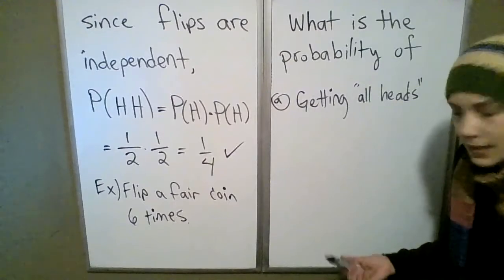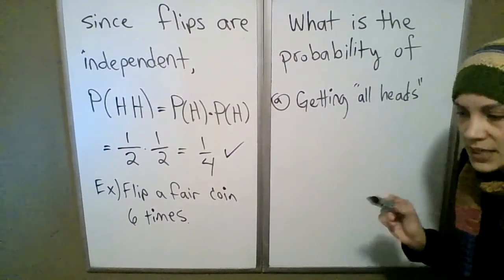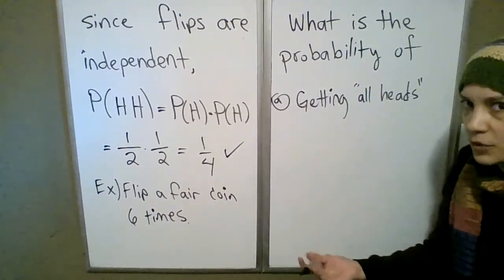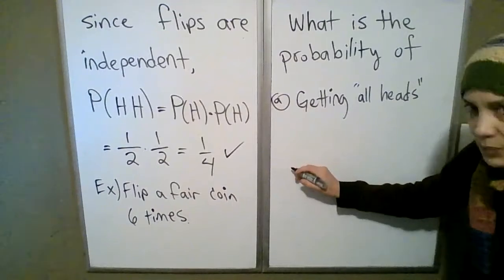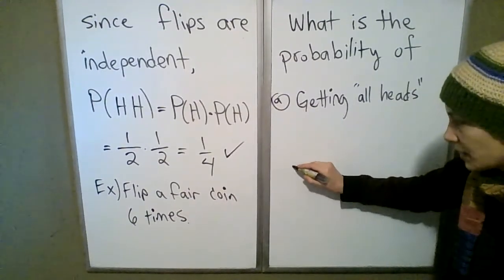Okay. Again, technically each of my events should be written as a set, but we're going to drop the curly brackets just to get more to the point of the problem. And in this problem, I'm going to start with my 6 flips.